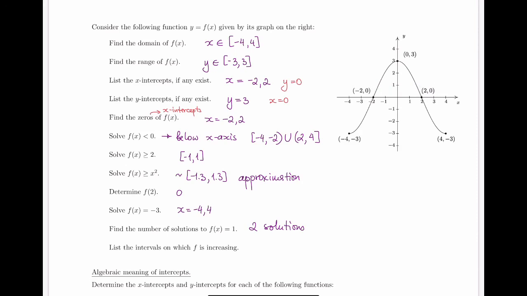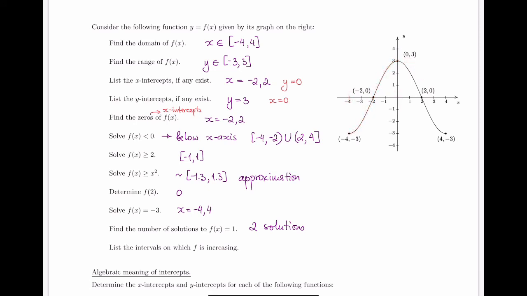And the last part is asking, when is the function increasing? Remember that increasing corresponded to walking along the function and walking up the hill. So if I am taking a walk on the function, I'm walking uphill up until this point, and then I'm going to be going downhill, which means that the function was increasing on the first region, between -4 and 0.